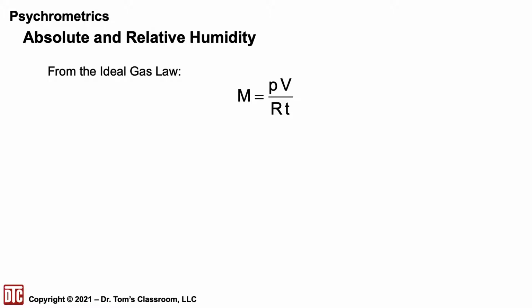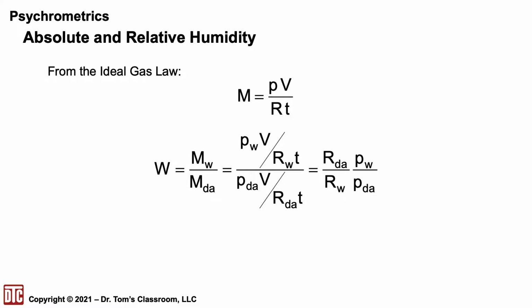It's just a matter of changing what that R is. So R in this relationship is the R for the particular gas, R universal divided by molar mass, if you're interested in the details. And I can plug that into my specific humidity relation, and I get a whole bunch of terms here, P's and V's and R's and T's, each depending on whether it's water or dry air.